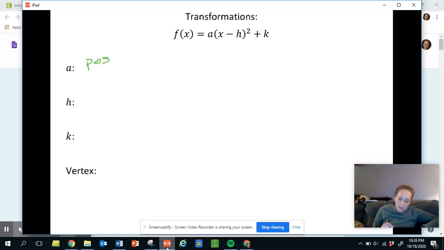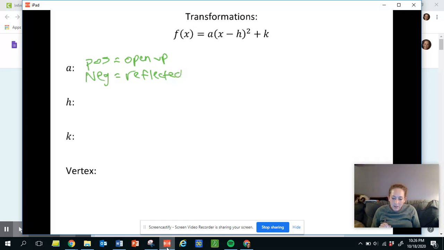So if it's positive, that means that the graph is going to open up. If it's negative, then we know that it has been reflected and it's going to go down.